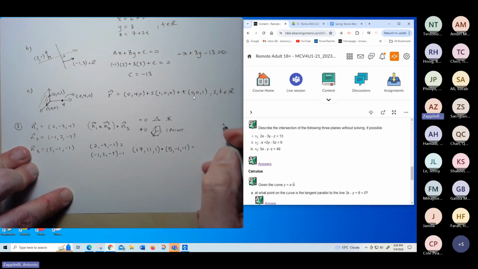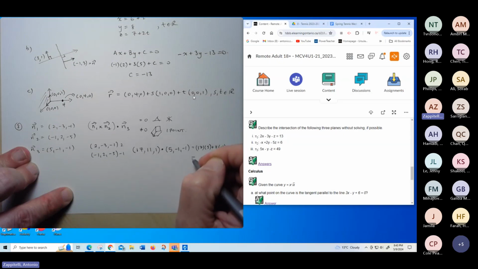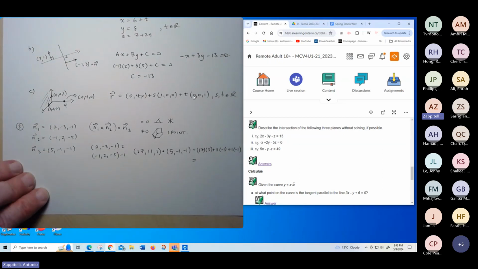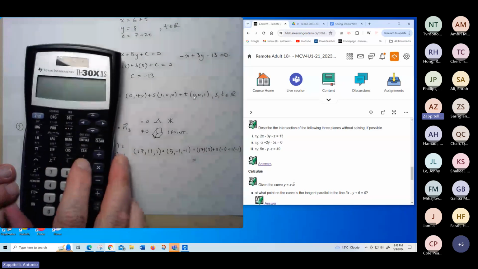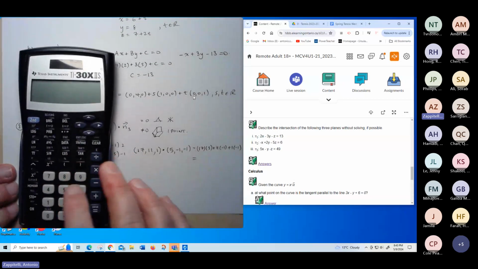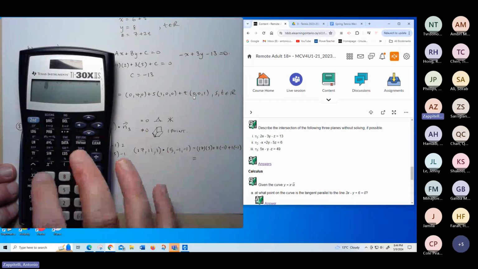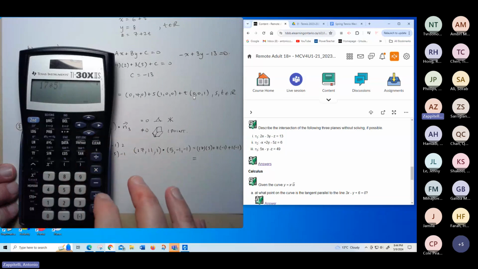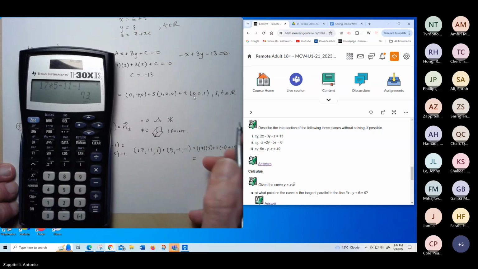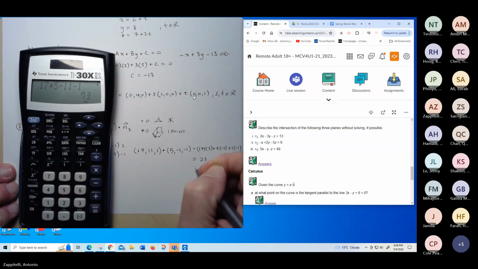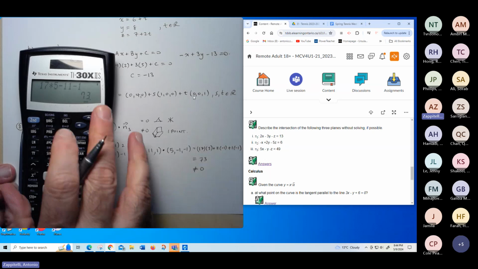And let's see what we get. Well, we get 17 times 5 plus 11 times -1 plus 1 times -1. I think we can all be certain that this is not going to be equal to 0, but let's test it out anyways. 17 times 5 minus 11 minus 1 is not equal to 0.